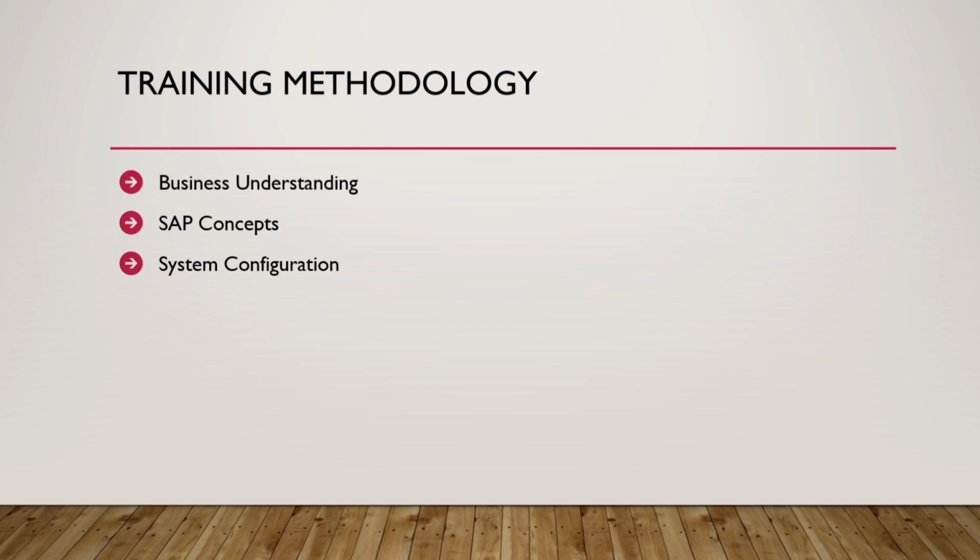In our training, we follow two types of configuration. First is baseline configuration. This is done only by the SAP SD consultant and has no dependency on other modules. Second is final configuration, which involves integration with other modules. For example, when we create a customer master, it is also integrated with the FI module. The company code related data in the customer master is taken care of by the FI consultant.